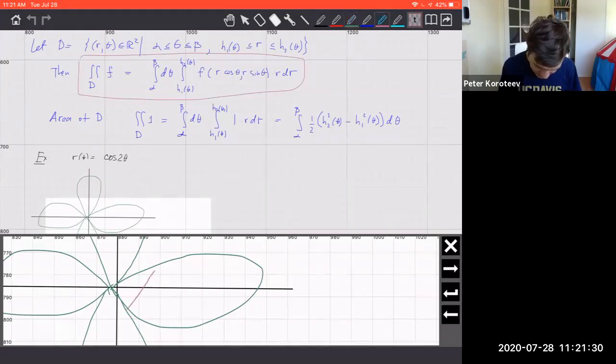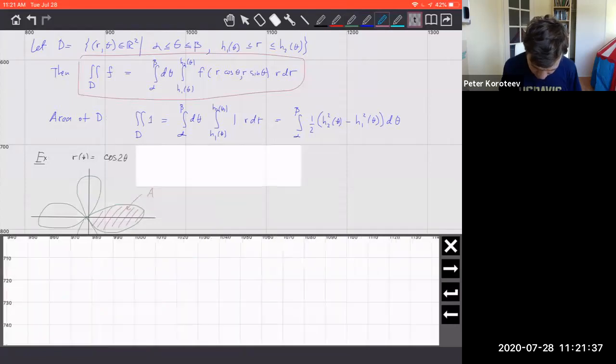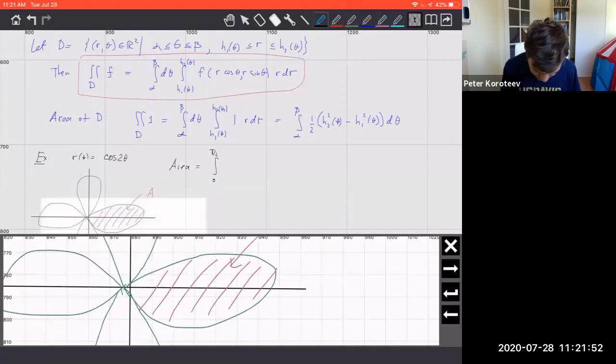So let's calculate the area of one of those blades. The area will be equal to, looking at the formula from above, the integral from 0 to pi over 2, and here this function r of theta should play the role of H2, and H1 is just 0, since there's nothing that bounds it from below.